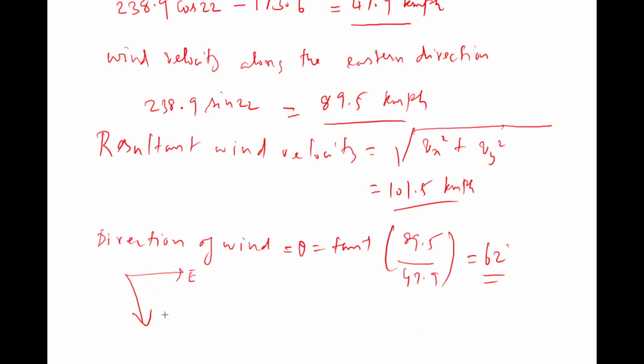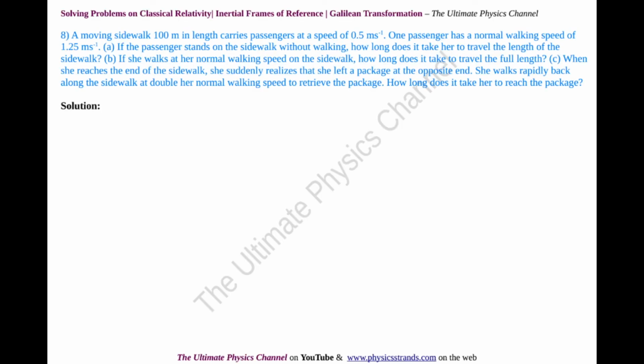This is east, this is south, so this is 62 degrees south of east. So the report to the fellow pilot would be that the wind is blowing at about 101 kilometers per hour, and the direction is about 62 degrees south of east. That would be her report.